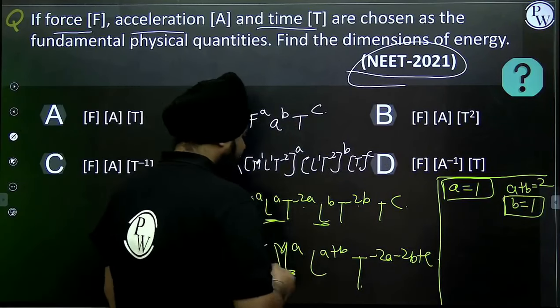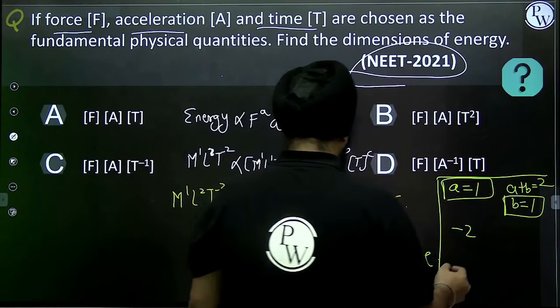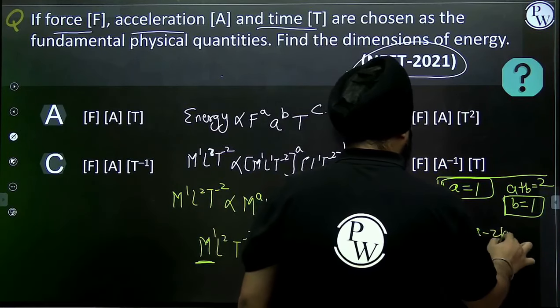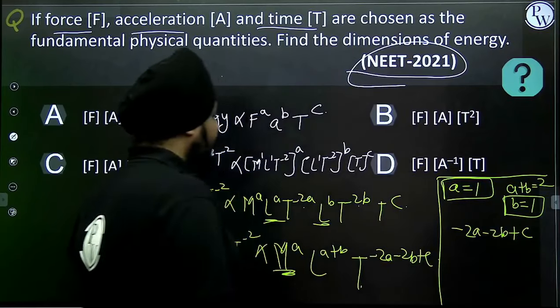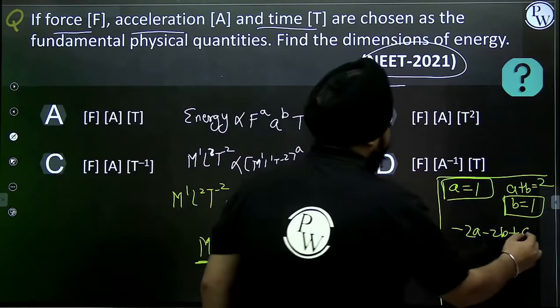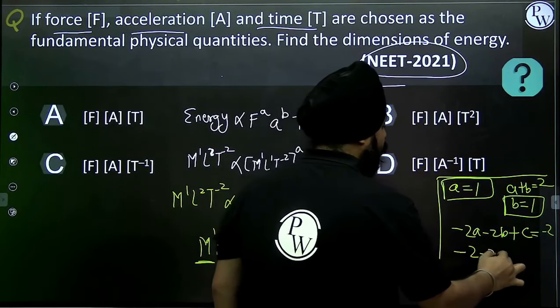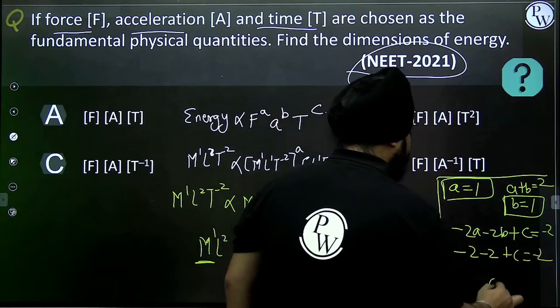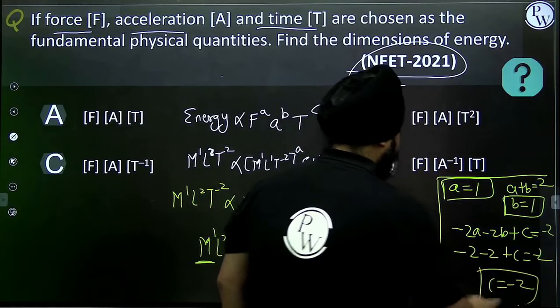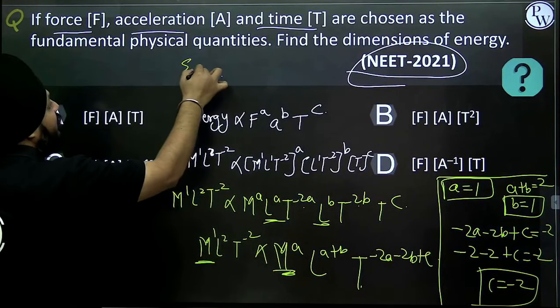Now the third equation: minus 2A minus 2B plus C is equivalent to minus 2. A and B are 1, so minus 2 minus 2 plus C is minus 2, so C is equal to 2. So how can I represent the energy?